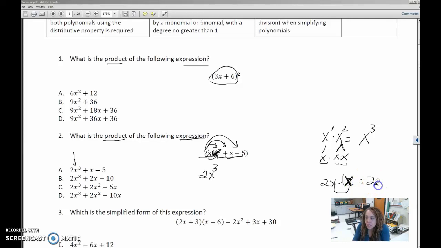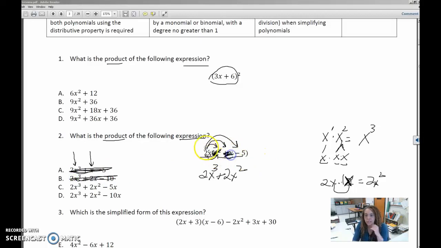So that's going to be an x squared. It didn't say negative, it's just regular, so I'm going to put plus 2x squared. So I feel pretty confident about that answer so far, so I know right away that in this column, this can't work because that does not have a 2x squared, and this cannot work because that does not have a 2x squared. So let me keep going.